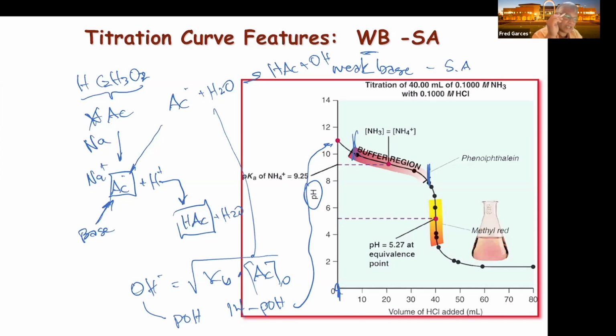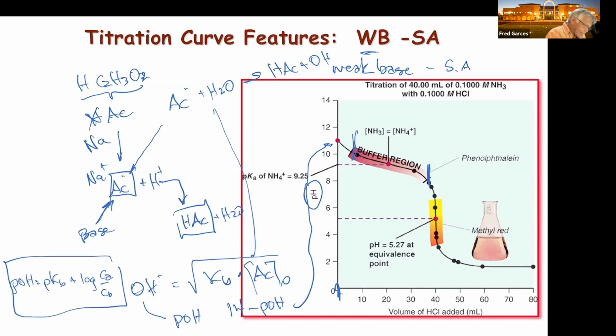When you have a base, the Henderson-Hasselbalch equation will look like this: pOH equals pKb plus the log of the acid over the base, the conjugate acid over the base. That's the equation you use for the buffer region. Look at the equivalence point. At the equivalence point, all the base has now converted to its conjugate acid because it's been neutralized, and then that acid will react with water to produce hydronium.